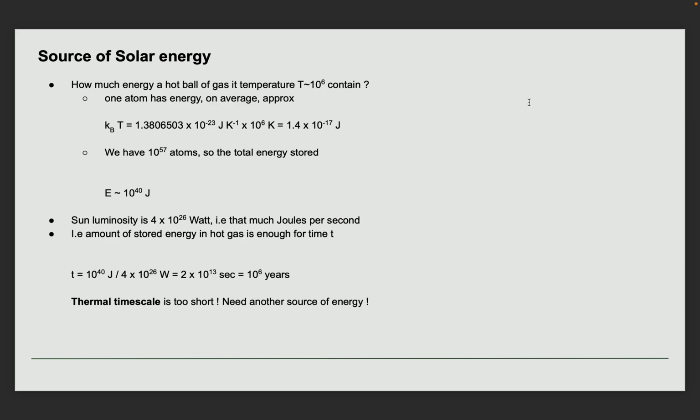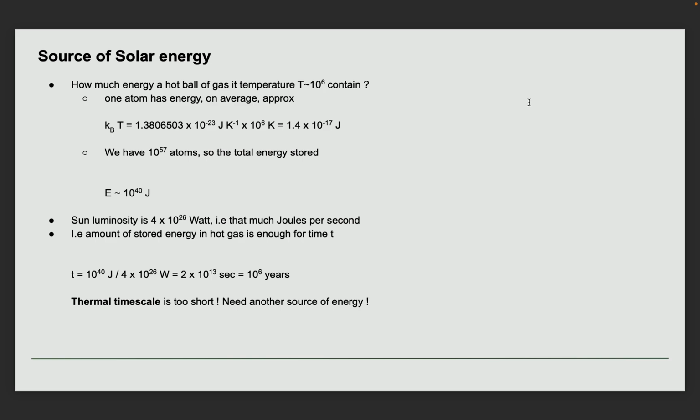We have 10^57 hydrogen atoms inside the sun, so the thermal energy of this number of atoms will be about 10^40 joule. Now the sun's luminosity, we know, is 4 x 10^26 watt.